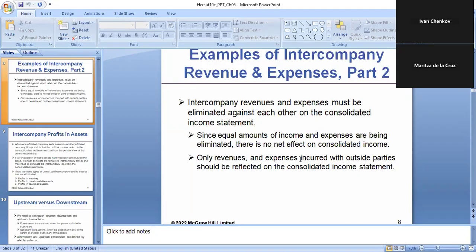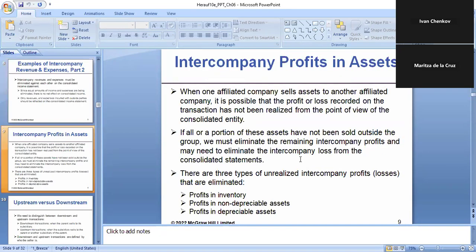Those two balance each other, so there will be no effect on the consolidated income. Only revenue and expenses related to third parties, to the outside parties, will be reflected on the consolidated income statement for our purposes.